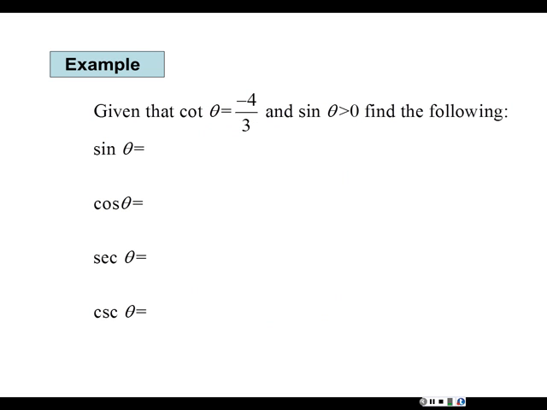Look at the cot. What is cot theta? What is the ratio? Adjacent over opposite, right? So this is your adjacent and this is your opposite. Now, you are given negative 4 over 3. This is what you are given in the question.